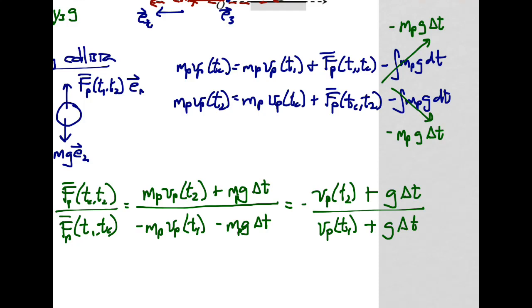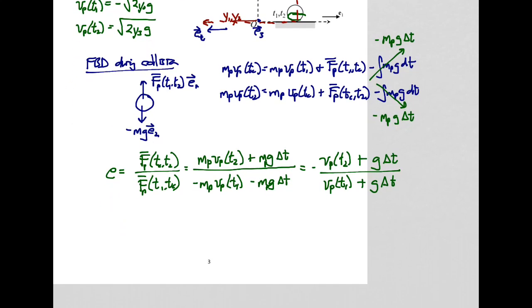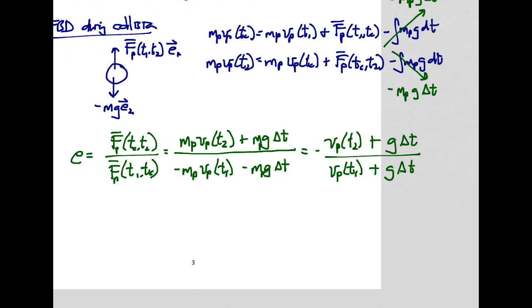Now if we were to simply take these speeds that we have here and substitute them into our equation for coefficient of restitution that we developed earlier, in which we had the condition where there were no external forces, we would say that this is equal to negative speed of p at time 2 divided by the speed of p at time 1, which is our separation speed divided by our approach speed.